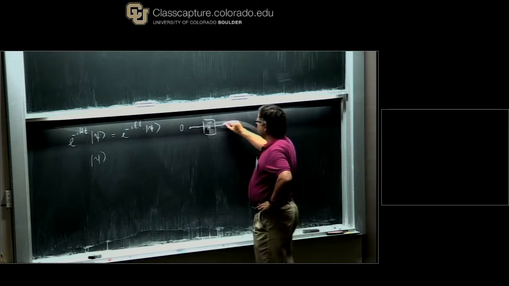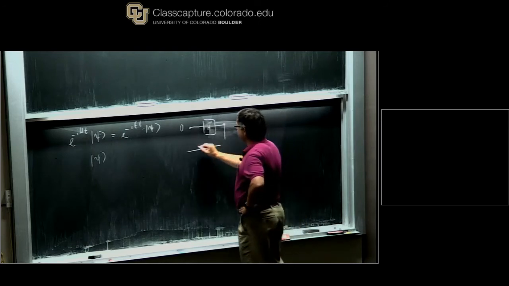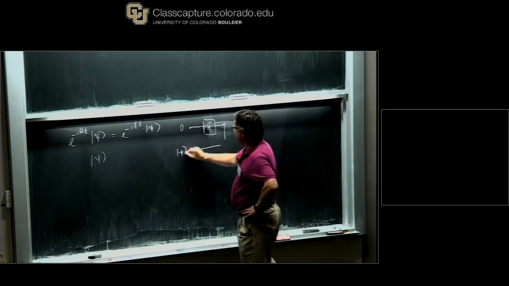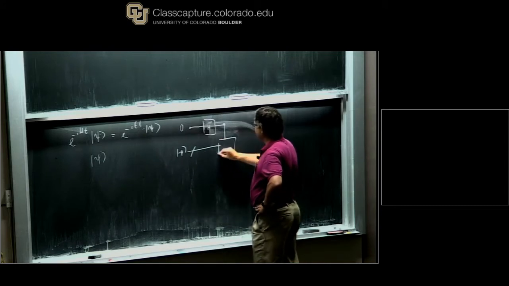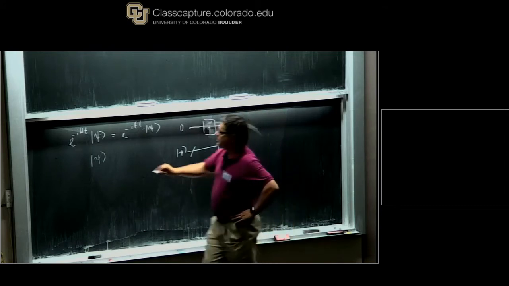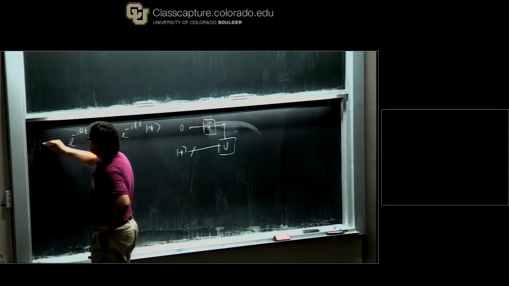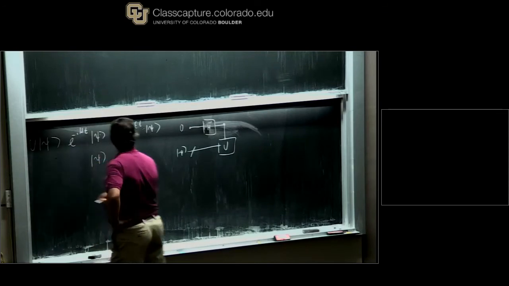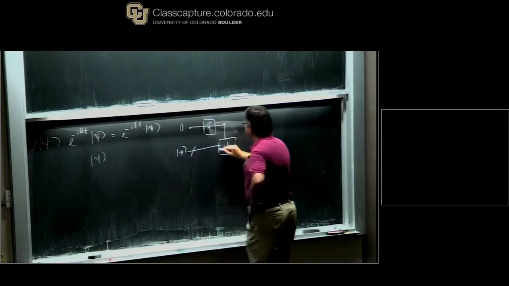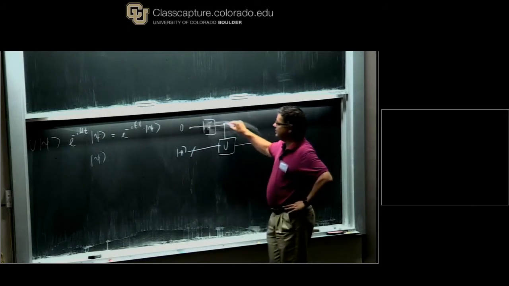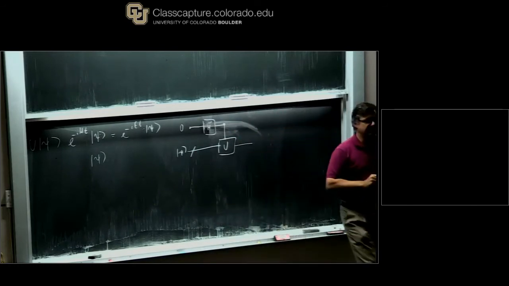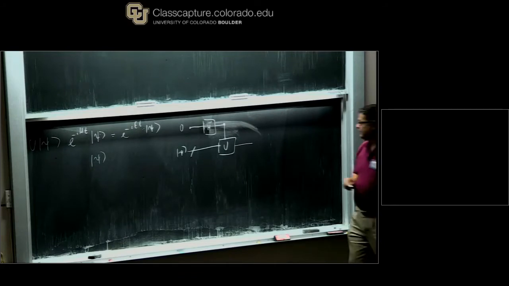And then controlled by this, here I have my wave function psi. Controlled by this, I apply the unitary U, which is just exponential of minus i H t. So I apply it only when this control qubit is 1, and I don't apply it when it's set to 0.